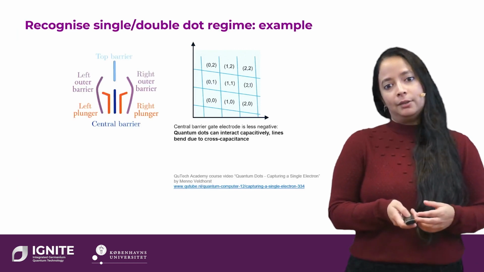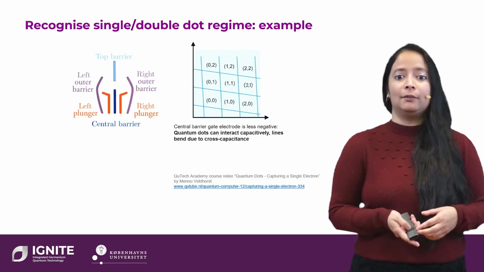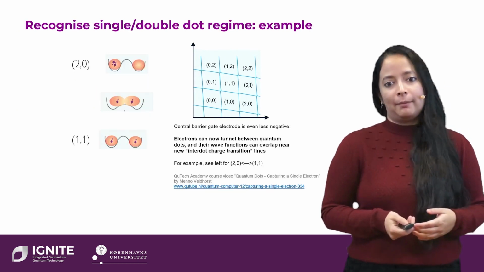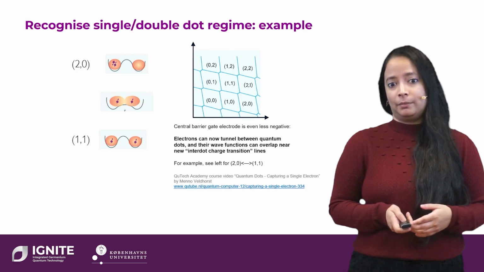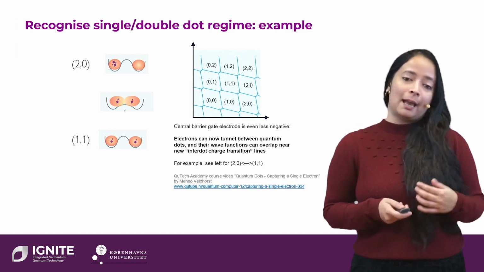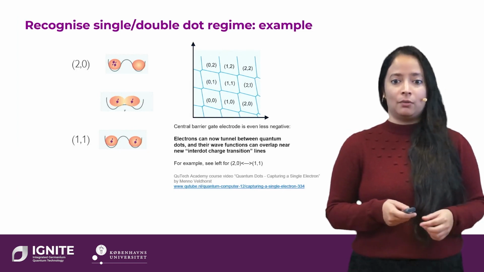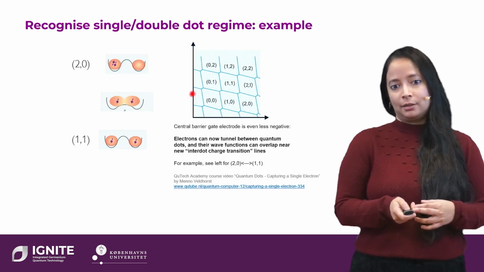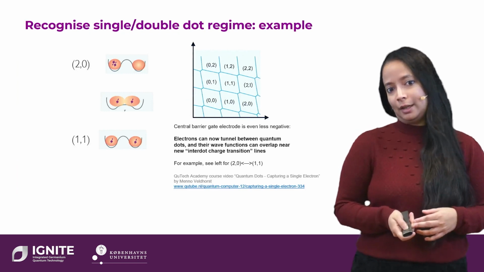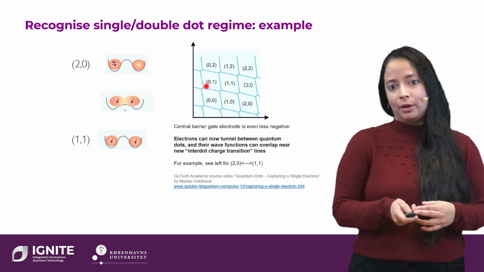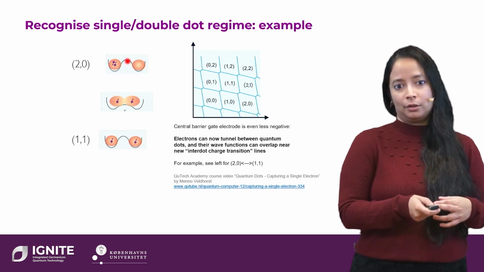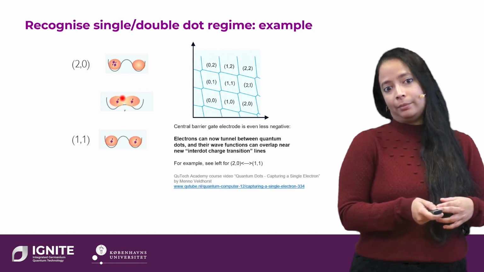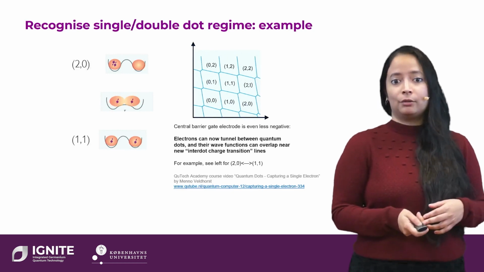If you now take your central barrier electrode and make it even less negative, so you're letting the electrons interact even more, then what happens is that a different pattern appears. What is happening is that electrons can now tunnel between quantum dots, and their wave functions can now overlap near new lines. These are called interdot charge transition lines. And what happens at these points is that you have lowered your central middle gate barrier, and it means that the overlap of the electrons' wave functions can now take place.